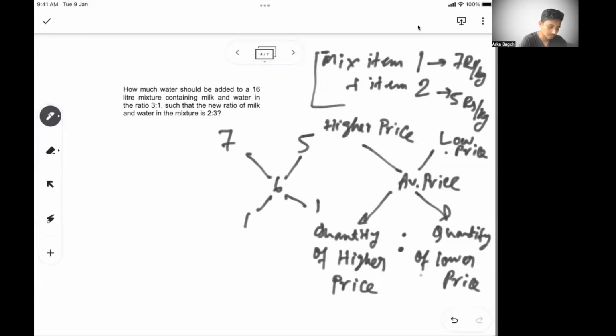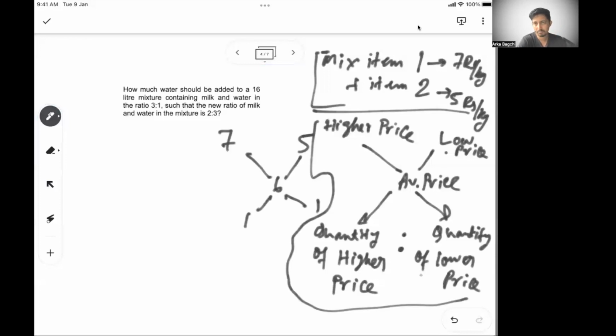This is the typical formula for mixture and alligation. Sometimes they will give you the average price and ask you the ratio of higher price quantity versus lower price quantity. Sometimes they will give you the quantity and ask you to find the average value. Obviously, the higher price and lower price are given to you. We will solve a few of the problems, including this and the next few ones, using this. This is the most common way to solve mixture and alligation problems.